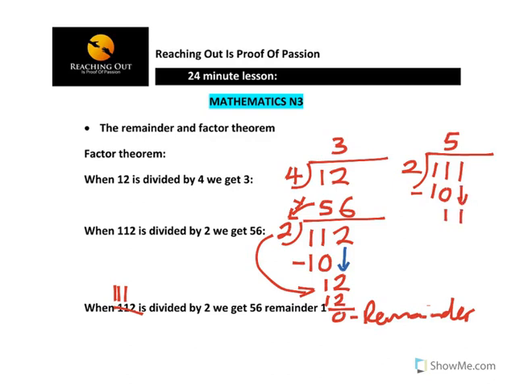Now 2 into 10, it's 5. 5 times 2 is 10, you subtract, and you get a 1. This 1 is a remainder. So when 111 is divided by 2, it's 55 remainder 1, which means 2 is not a factor.